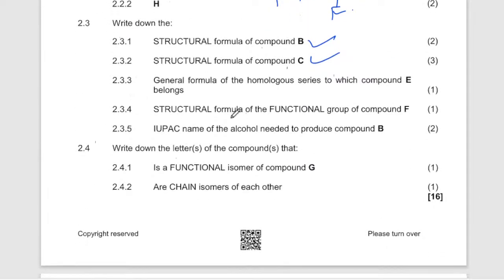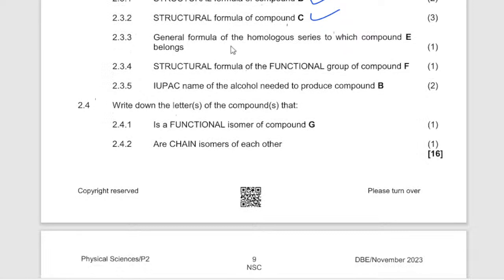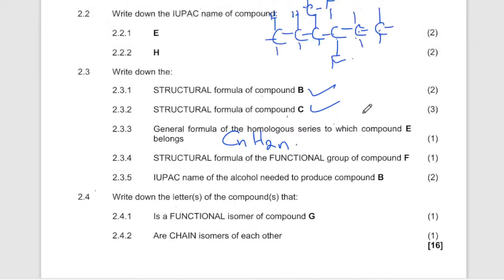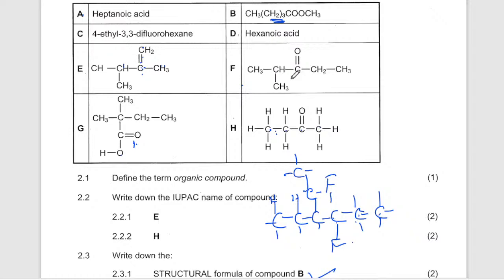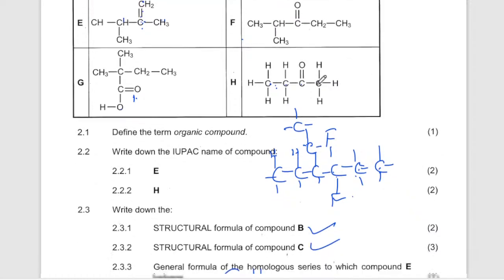Remember when I was reminding you how to write this? I said that alkene is CnH2n. We don't add anything, because for alkane we add 2 and for alkyne we subtract 2. Then the functional group of F: F is a ketone.